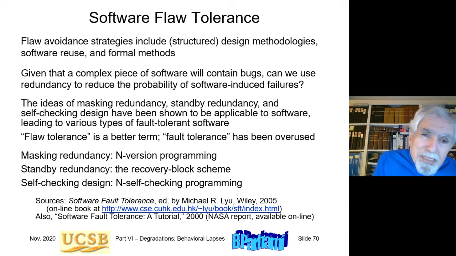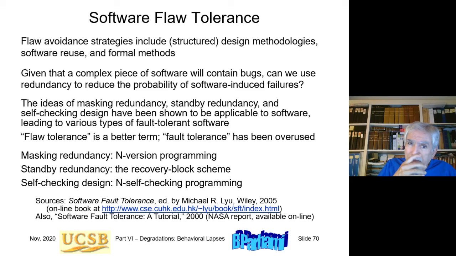Okay, the last idea is software flaw tolerance. So far we have been talking about flaw avoidance and flaw modeling. Basically, try first of all not to have flaws in your software by rigorous testing and so on, or at least model the flaws so that you have an idea of the reliability of the software.